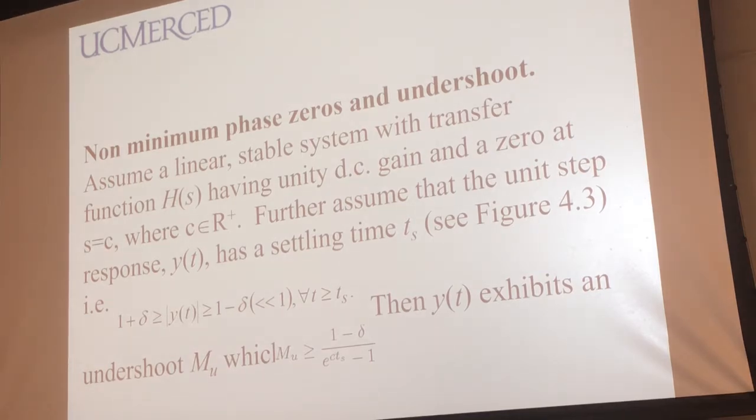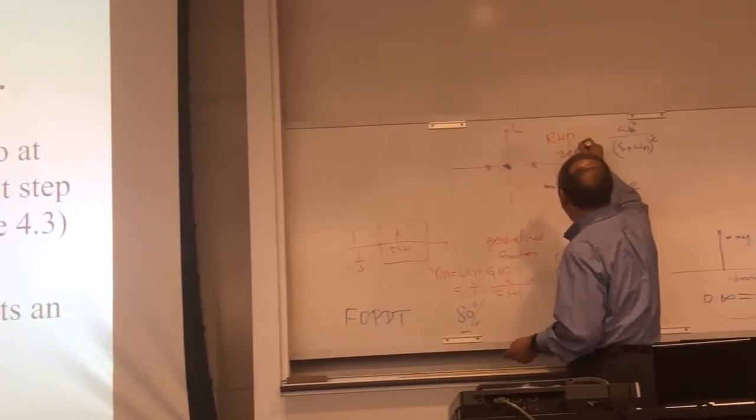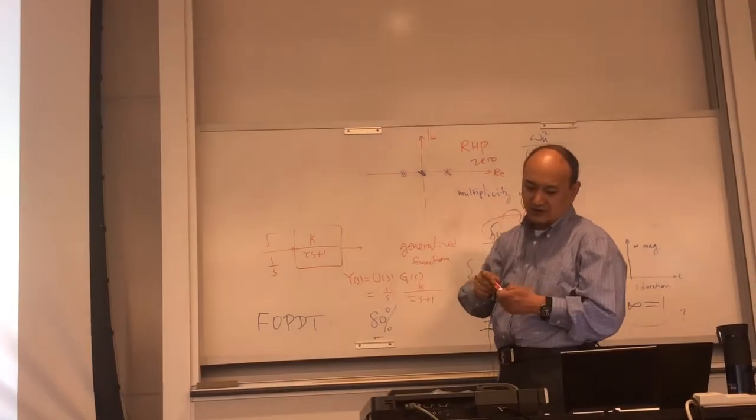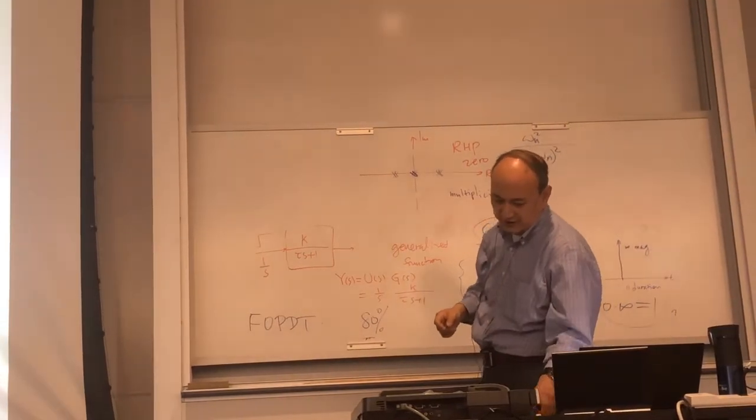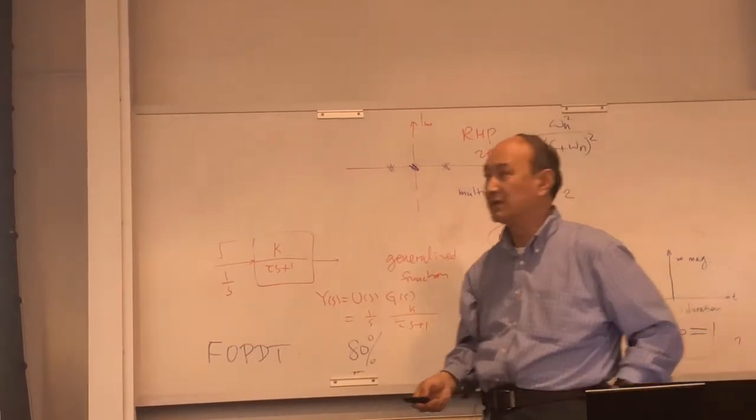There's a way to estimate the size of the undershoot, but you don't have to memorize this. Just know that if you have a right half plane zero, you can write down RHP zero. This zero is called a non-minimum phase zero, and it will cause undershoot.